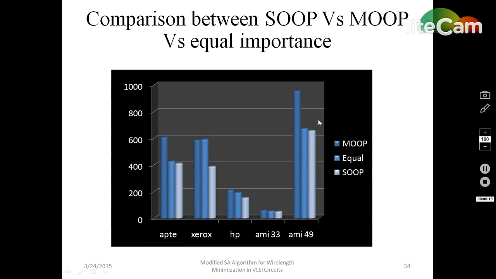This is a comparison chart between SOOP, MOOP, and equal importance. In every case we can see that while considering the problem as a single objective optimization problem, minimization takes place, whereas in the other cases there is no minimization.